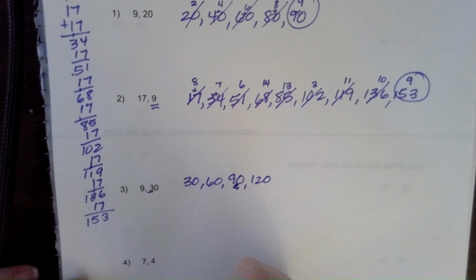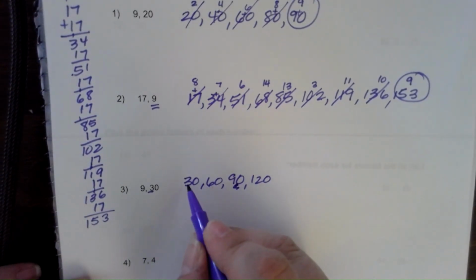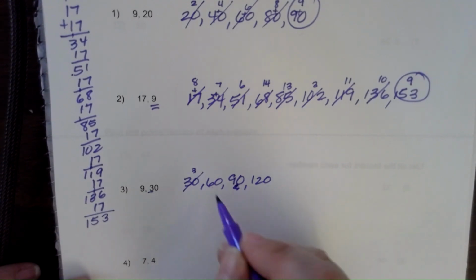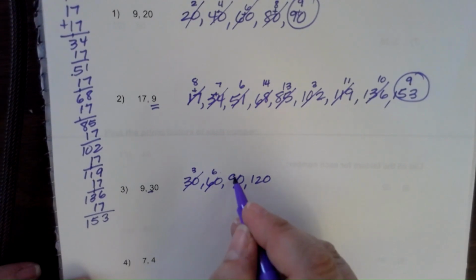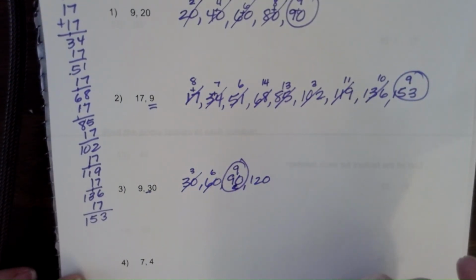And same thing with the divisibility rules for 9. Now remember, this isn't for every number, it's just for 9s and 3s. Again, we add 3 plus 0 is 3, 9 will not go in it. 6 plus 0 is 6, will not go in. 9 plus 0 is 9, and there's your answer.